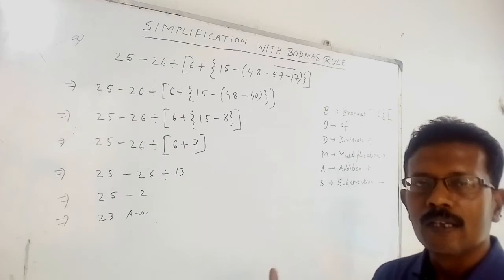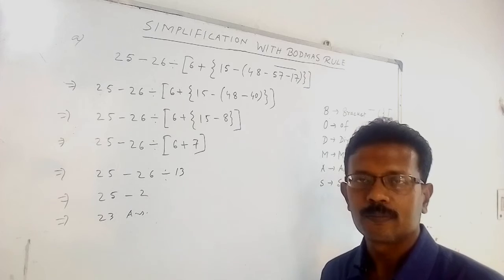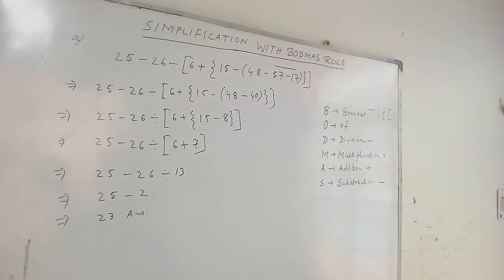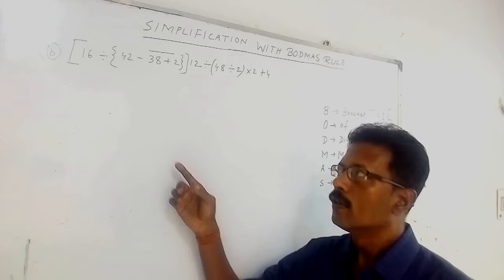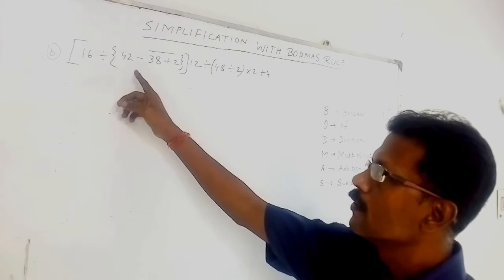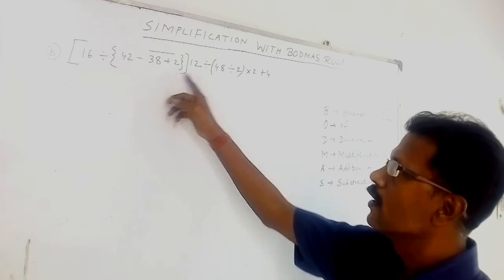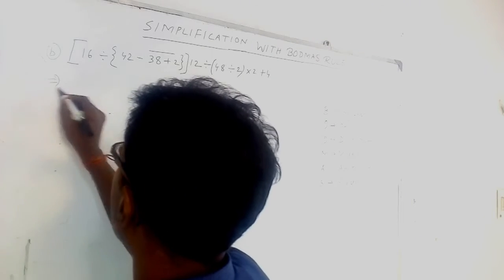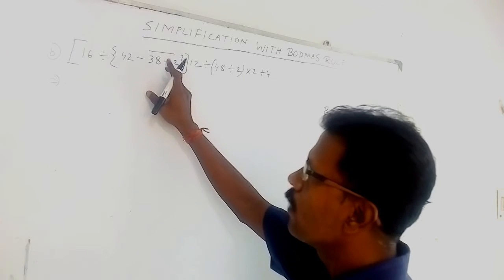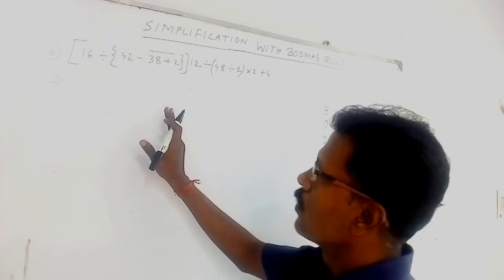Now we are proceeding to the second sum, that is 16 divided by second bracket 42 minus 38 and so on. In the first line, the work of the line bracket is to be done first.